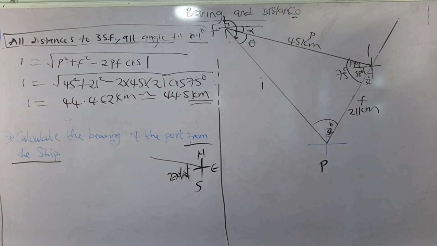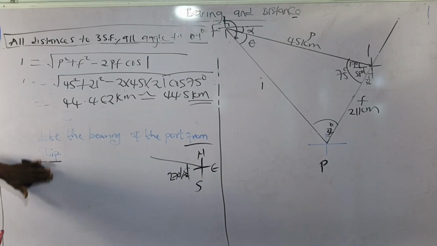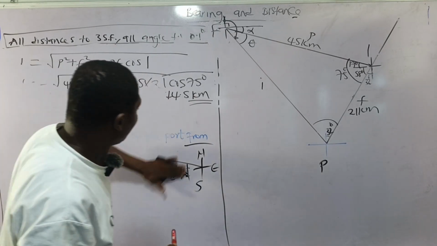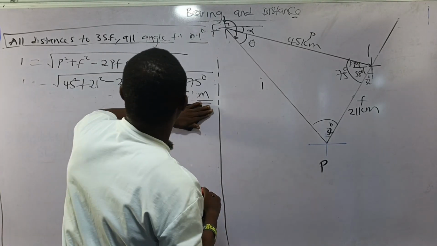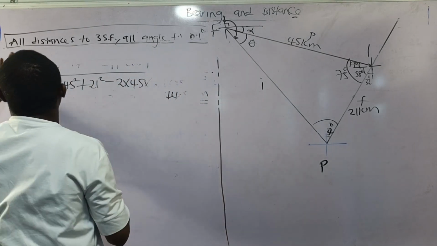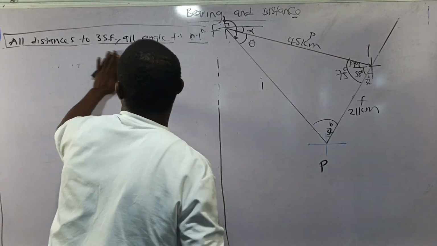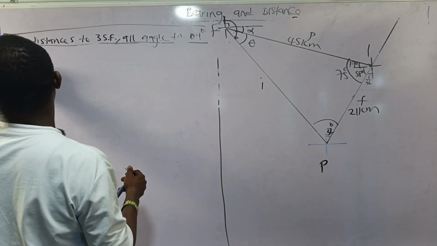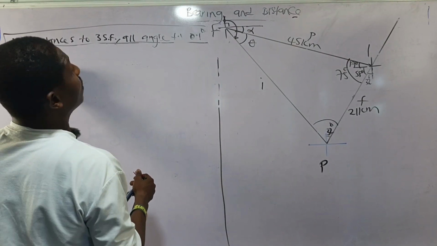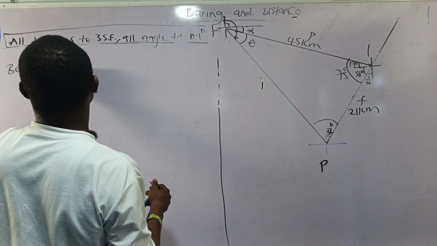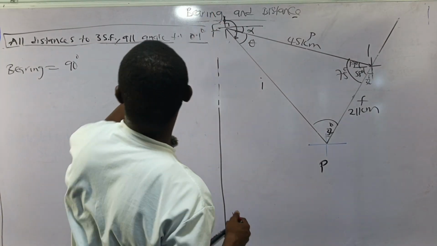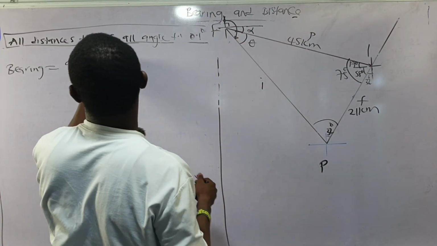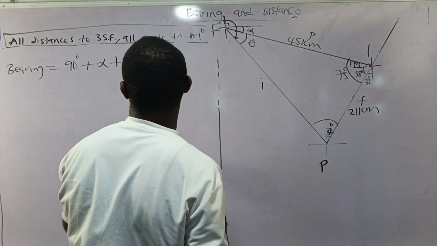My bearing, therefore, should be the right angle, which is 90 degrees here, as you can see, plus my alpha, plus my theta.